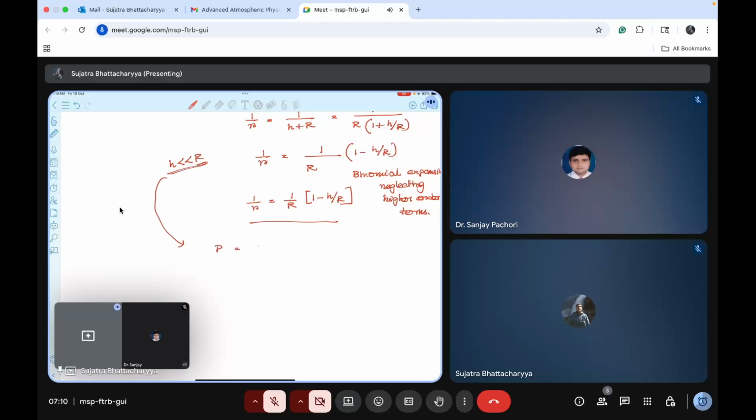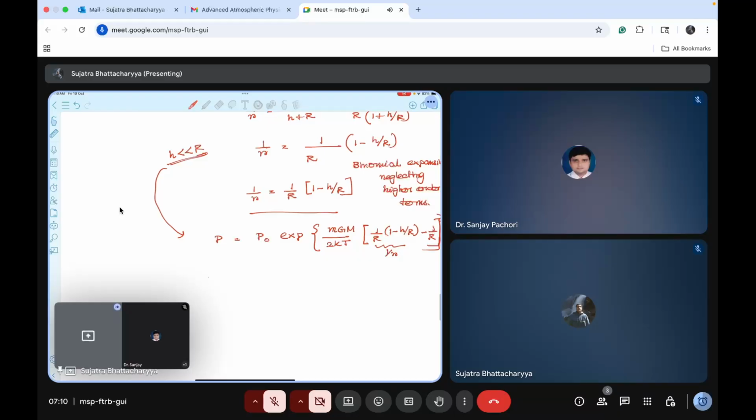For this case, let's see how my pressure changes. So P naught, we have got this expression: mgM divided by 2kT times 1 by R times 1 minus h by R, minus 1 by R. This was the expression, this was 1 by r, and this is what we have written after the expansion. So it will be P naught exponential of the same mgM by 2kT.